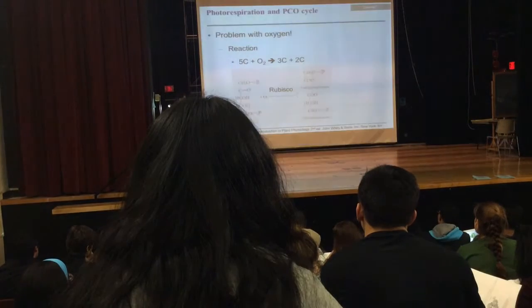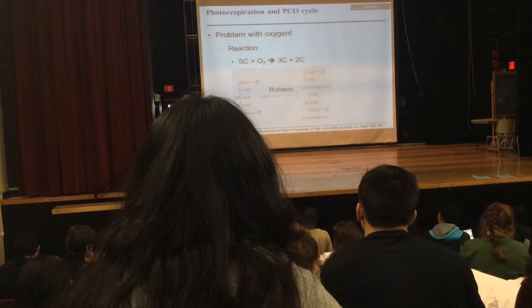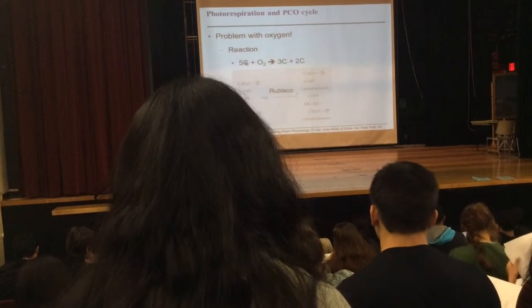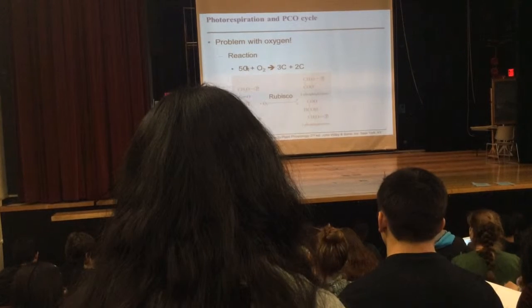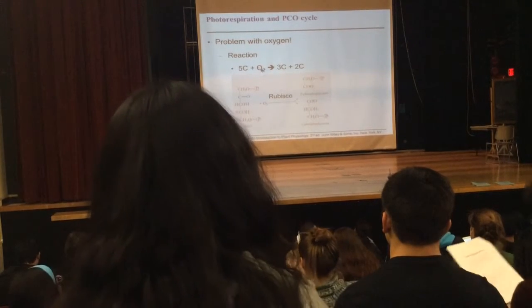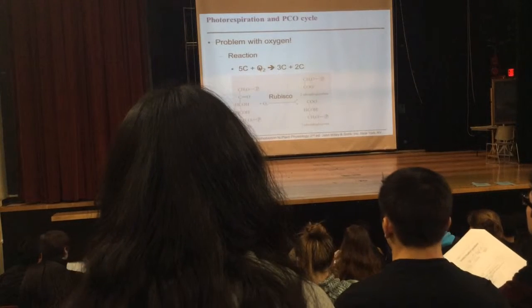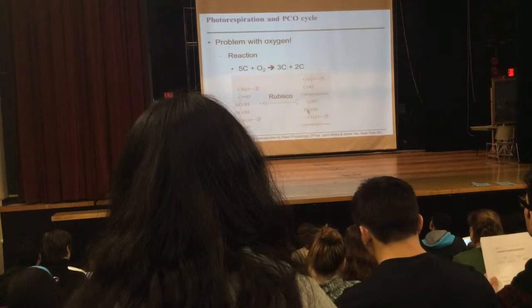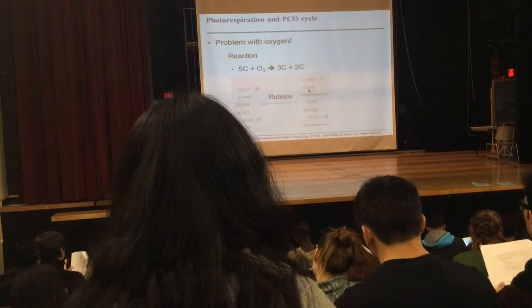Because this is what happens when the enzyme actually reacts with oxygen instead of CO2. So you still have your 5-carbon RuBP, but instead of adding a carbon by adding a CO2, you're actually attaching an oxygen to it. And that splits the 5-carbon compound into a 3-carbon compound and a 2-carbon compound.